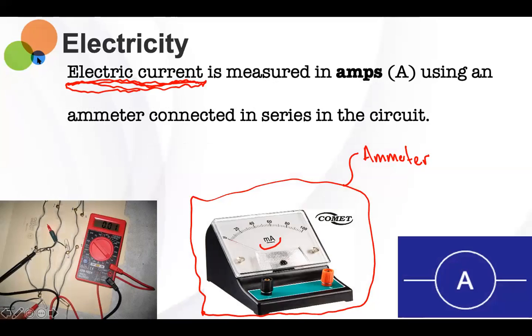Okay. Now as I said, let's just finish this up. Electric current is measured in amps using an ammeter connected in series in the circuit. We have our ammeter here. This is a digital multimeter. You can use this to measure both of them. This is the newer type of ammeter. You won't have to have one for amps and one for voltage.